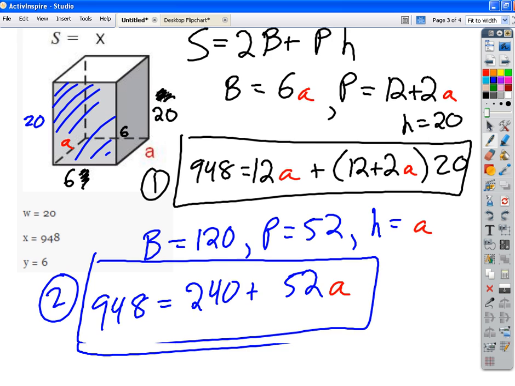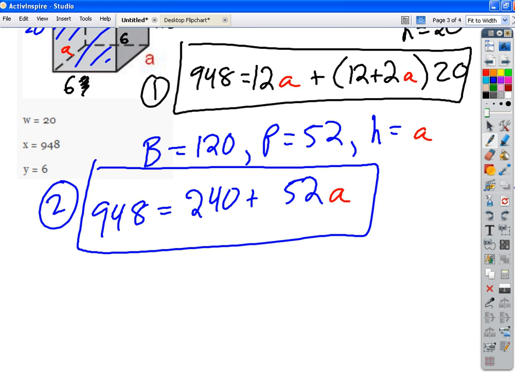Okay, now I want you to tell me, which equation would you rather work with to solve for A? 1 or 2? Wouldn't you rather work with 2? Yeah. What are the steps I would go through? Okay, good. I'd subtract 240 first from both sides and then divide by 52. 2 simple steps, right?